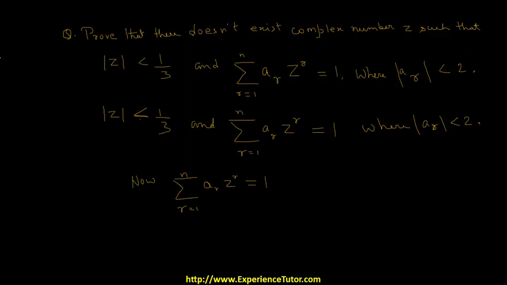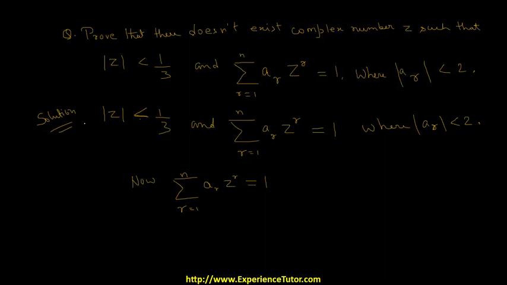So we can start the solution from here. We'll write modulus of z less than 1 by 3 and sigma r is equal to 1 till n ar z to the power r is equal to 1, where modulus of ar is less than 2.